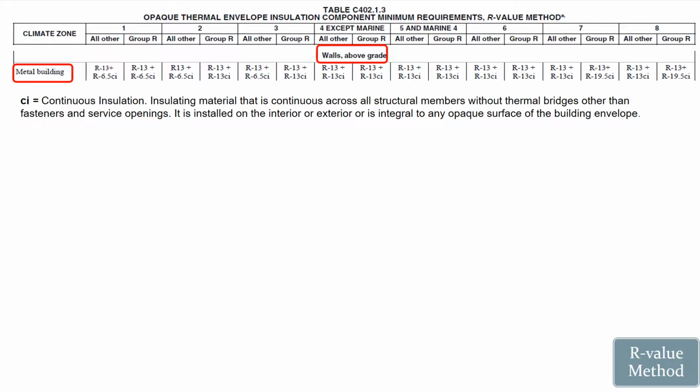So that's what the CI means, continuous insulation that uses insulating material that is continuous across all structural members without thermal bridges other than the fasteners and the service openings. The continuous insulation may be installed on the interior or exterior or is integral to any opaque surface of the building envelope. So this is directly out of the Energy Code.